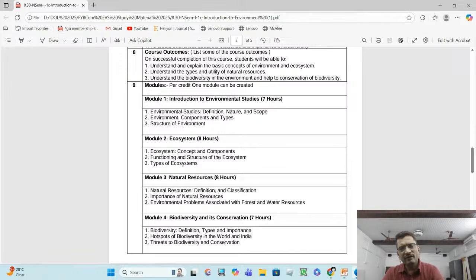So again, there are different trophic levels at which this energy in the ecosystem gets transformed, and there is a specific set of organisms at every trophic level which play an important role in maintaining the balance of ecosystem.